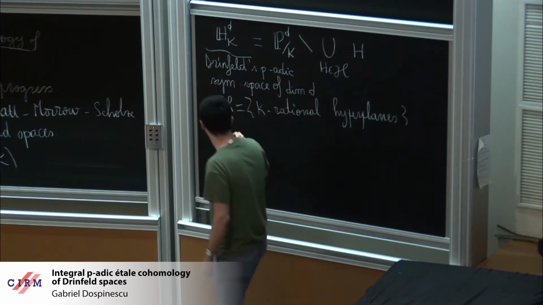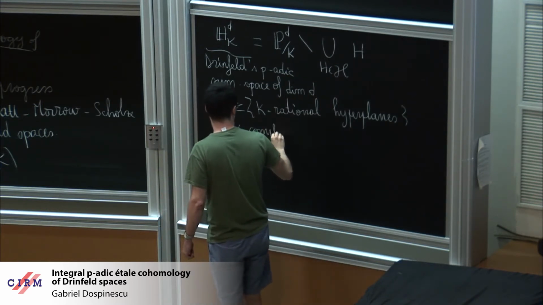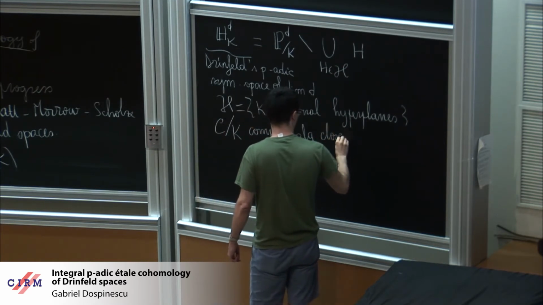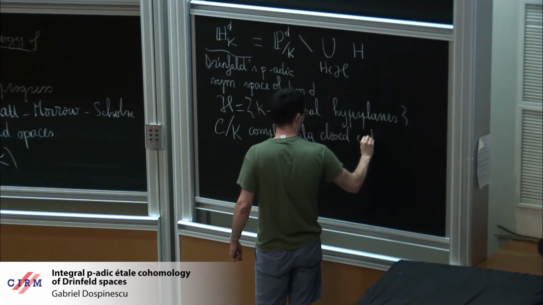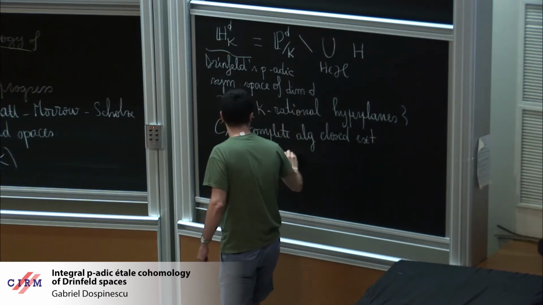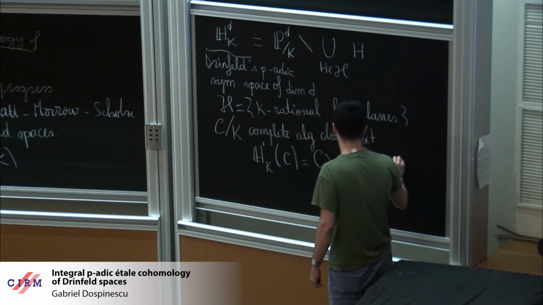And I will fix C over K, a complete algebraically closed extension. So for instance, if you look at H^1_K of C, this is C minus K, which has some obvious similarity with C minus R.